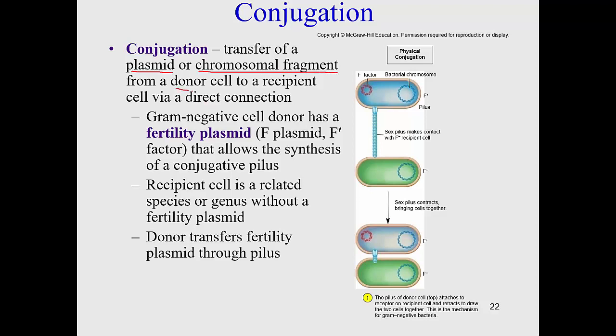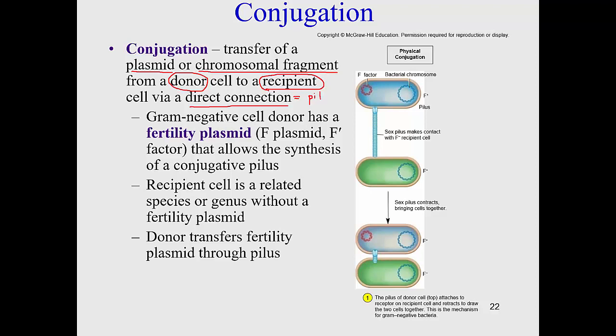The cell that is donating the gene is called the donor cell, and the cell that is receiving it is called the recipient cell. This is mostly seen in bacteria. The connection that they need is called the pilus, singular, pili, plural.